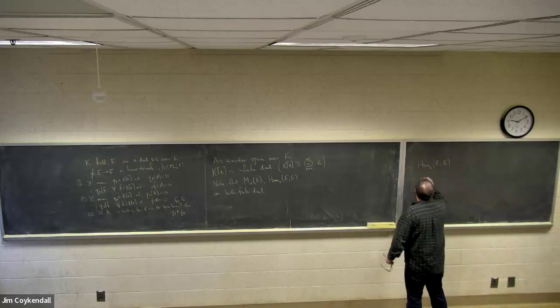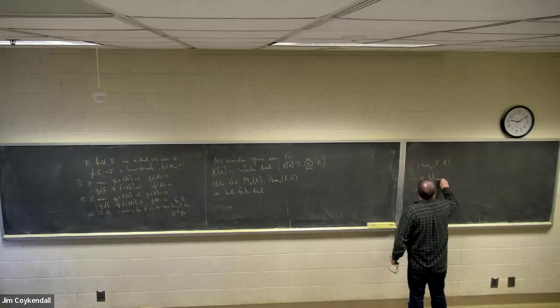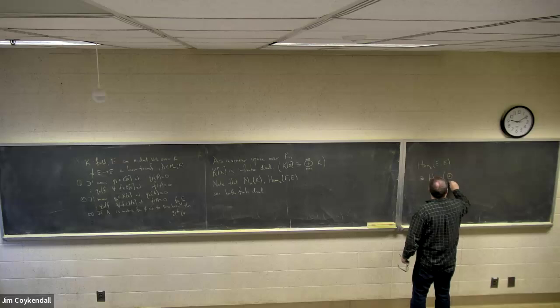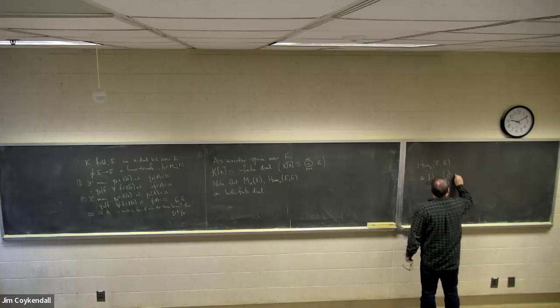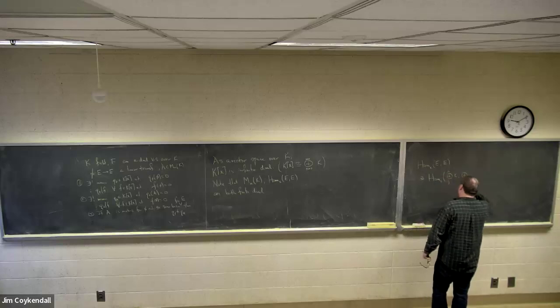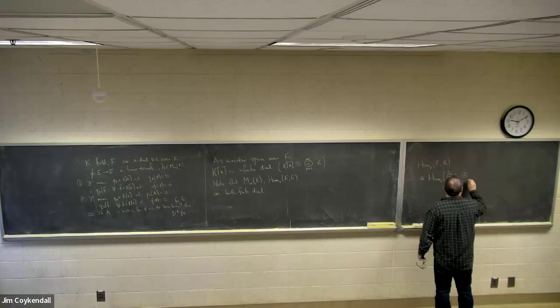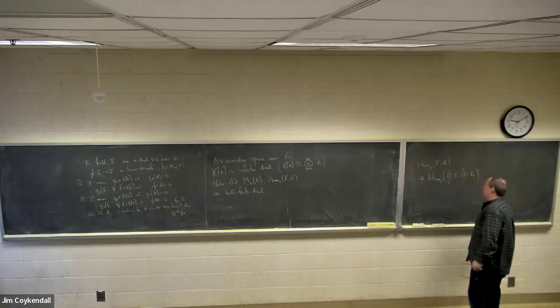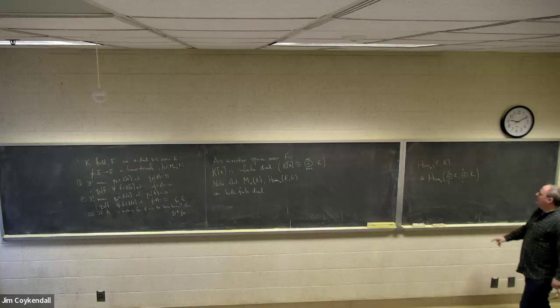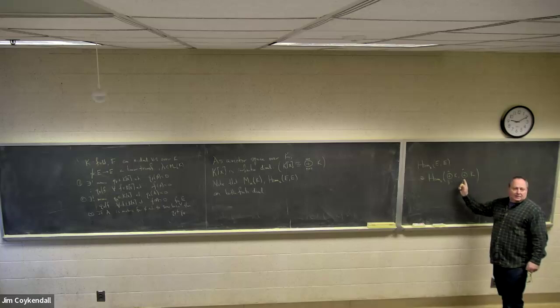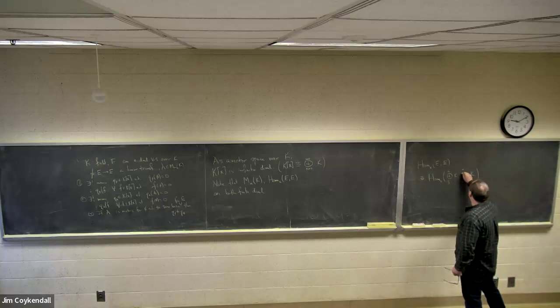This is also n squared. And notice, this is a finite direct sum, so there's no distinction here between the direct sum and the direct product.